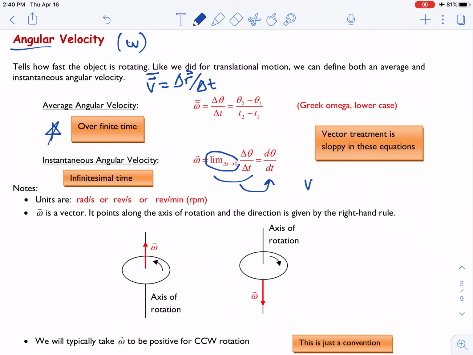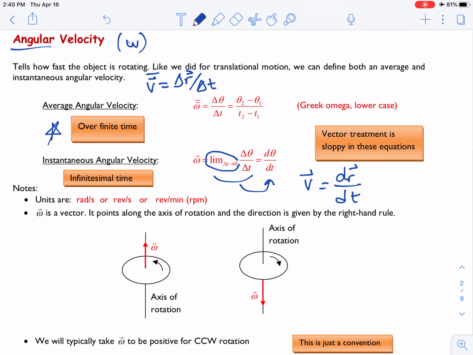Just like in the linear motion, this would be dr over dt, right? Again, that dr could be x, y, or z, or combinations of those, so I'm just writing it in the three-dimensional case.